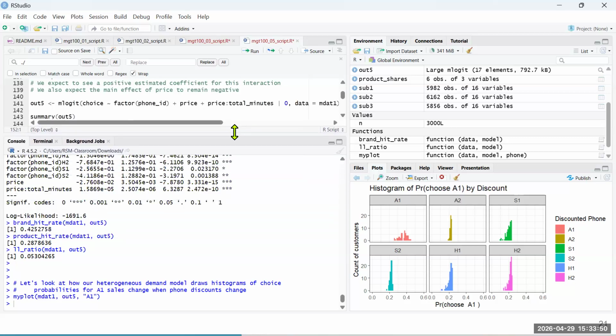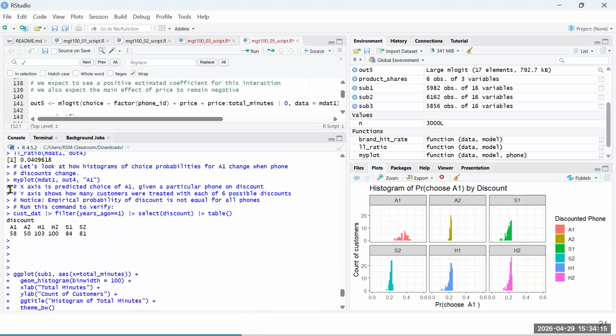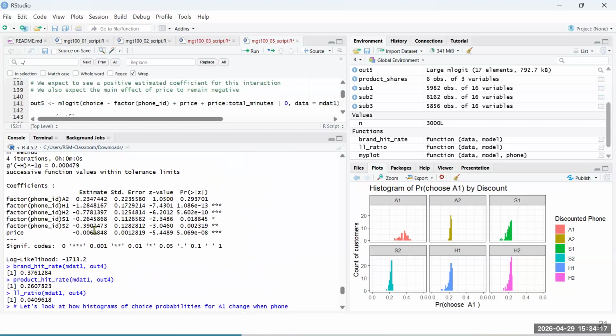And if we look at the pattern of the parameter estimates, well, before I really go into it, what I would expect is that someone who uses their phone more should be less price sensitive overall. Because they're going to get more value out of what they pay, so they should be more willing to pay for a phone. And so our price sensitivity parameter before was negative 0.0698, okay, highly significant.